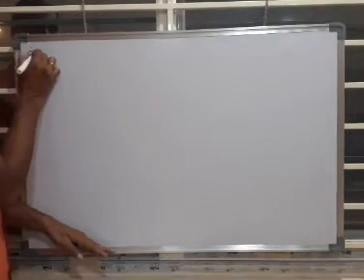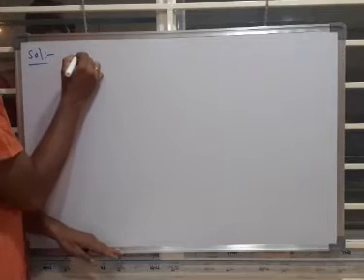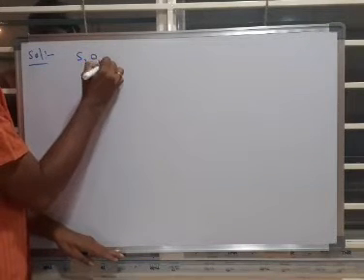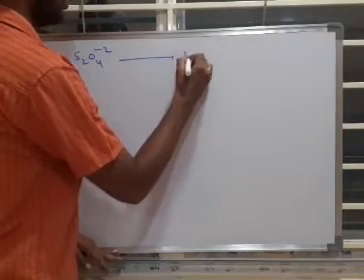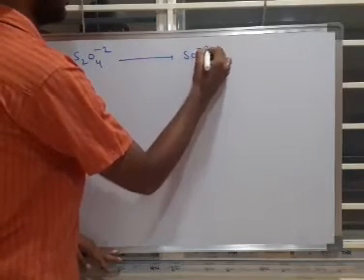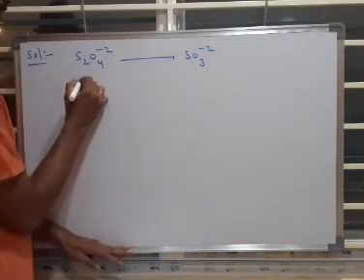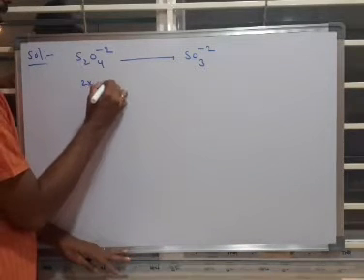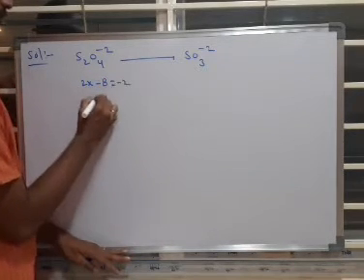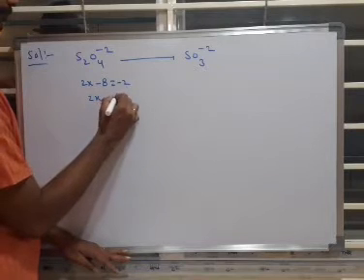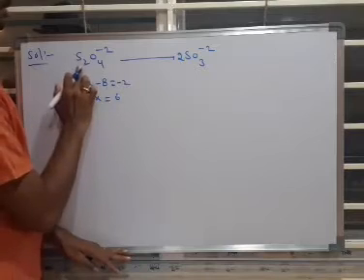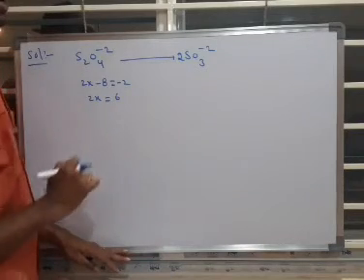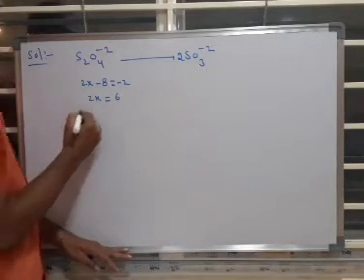So the sodium dithionate is changed to what? It is given as S2O4 minus 2. What is the sulfur oxidation number? So 2x, and for balancing we write it as minus 2.